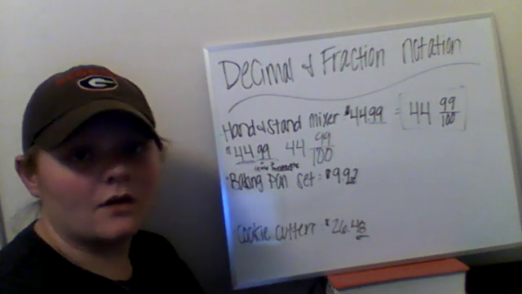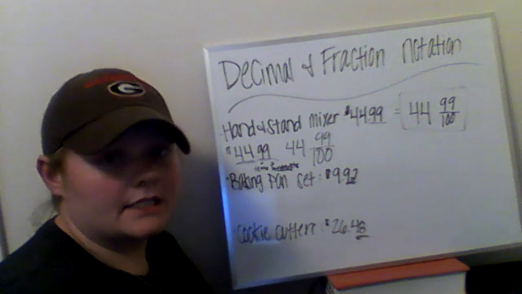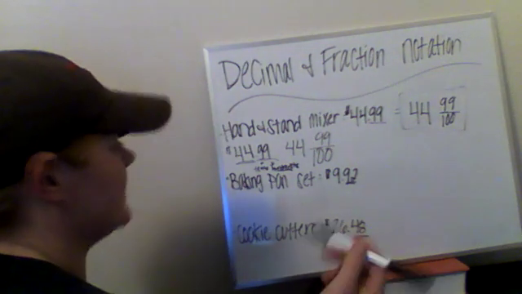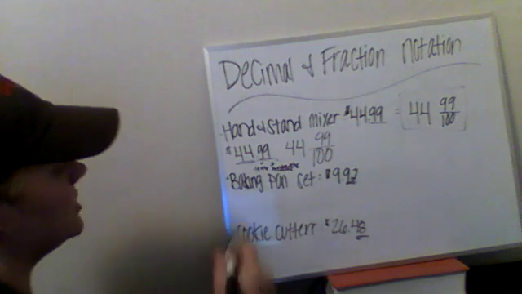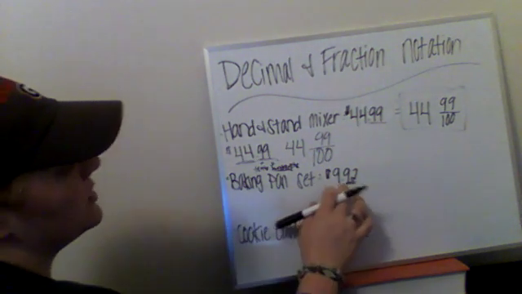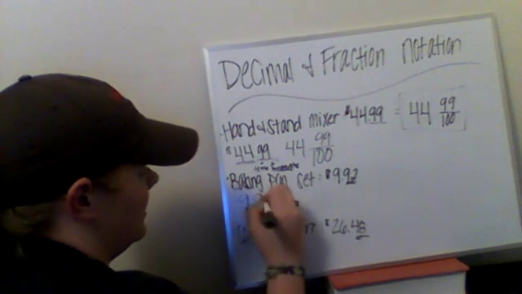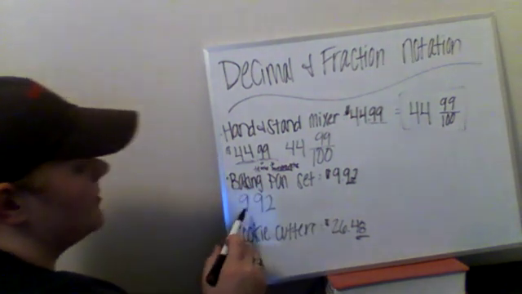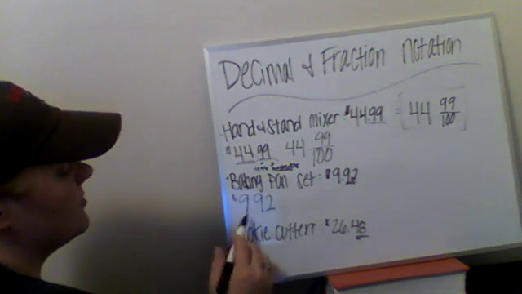The second way is a little more tricky, but it can be just as easy, depending on how comfortable you are with it. For my second item, I'm going to look at the $9.92. Let's go over the place values that each of these numbers represent.